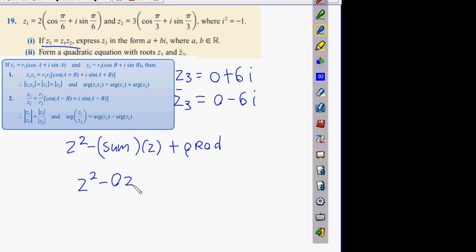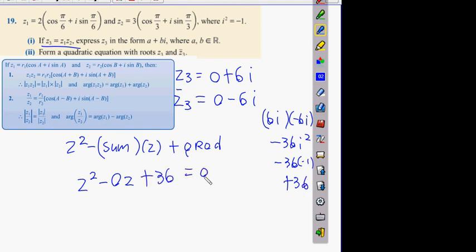And the product, what's 6i multiplied by minus 6i? Minus 36i squared, and minus 36i squared is? Plus 36. So, the middle doesn't exist, and so it's going to be z squared plus 36 equals 0.